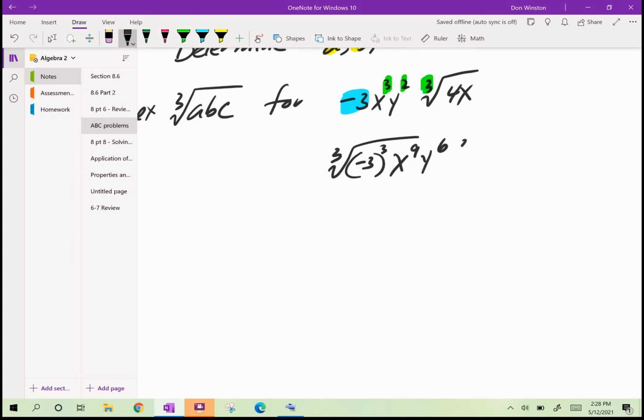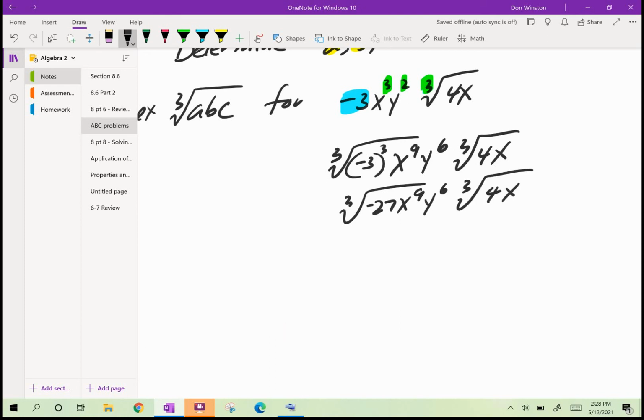And then we'll multiply that by the cube root of 4x. Okay, so we'll have the cube root of negative 27, x to the 9th, y to the 6th, all times the cube root of 4x. And now we'll just multiply. So 27 times 4 would give me 108.